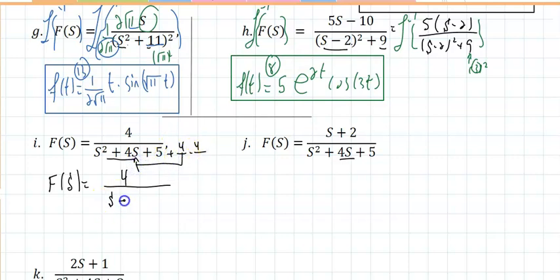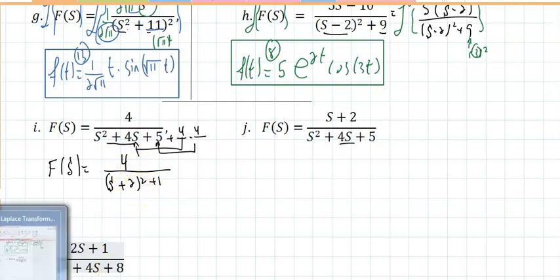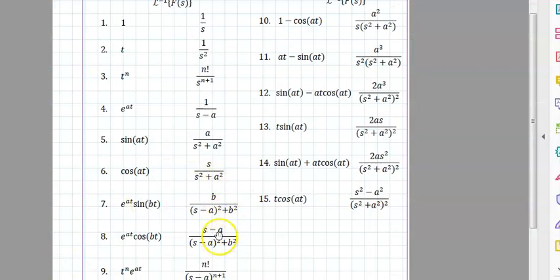So that will give you s plus 2 squared, and if you take 5 minus 4, that's a 1. So now I'm trying to eyeball a number over s minus 4 squared, so let's see which one has that. A number over, again, those two are the only two with the shift. A number, it's that one.